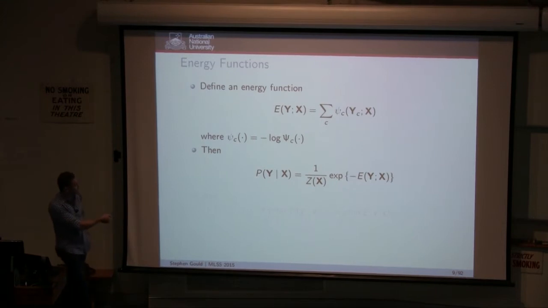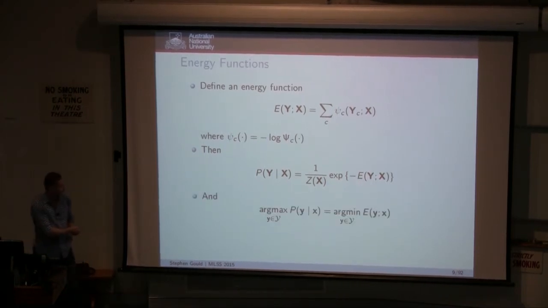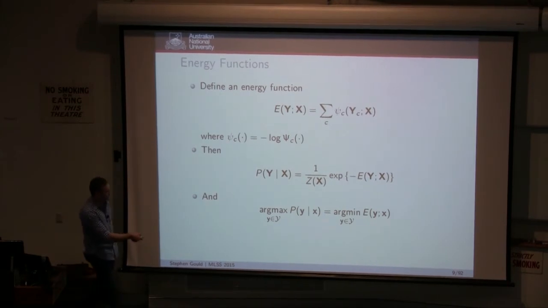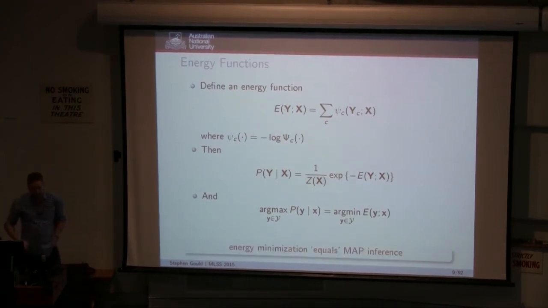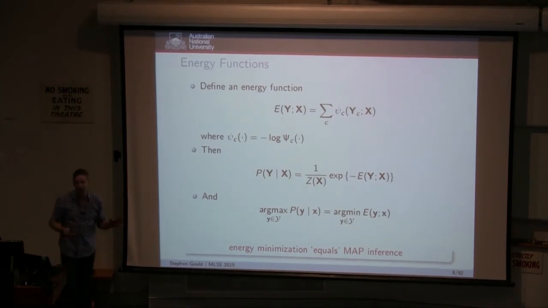And then we can write this probability as equal to e to the minus energy function divided by some normalization constant, right? So then we arrive at what I said on the previous slide, that the argmax, so the MAP problem of finding the output that maximizes the probability, is the same as finding the y that minimizes the energy, right? So in computer vision, you hear people talk a lot about energy minimization, and that's exactly the same as MAP inference in the statistical literature.